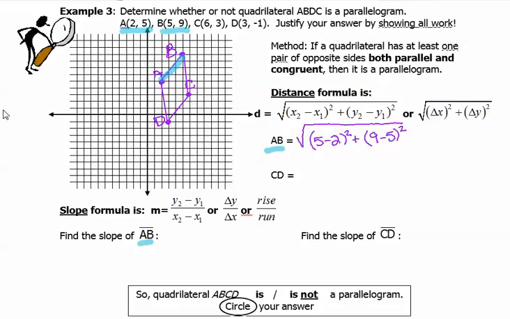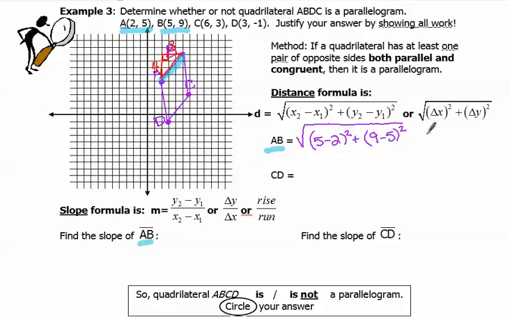Now that I've plugged in those 2 points, the other thing that I could have done, which is pretty important to notice since we just learned about the Pythagorean theorem, is I could have made a right triangle and counted the boxes. I would have gotten a 4 here and a 3 here.